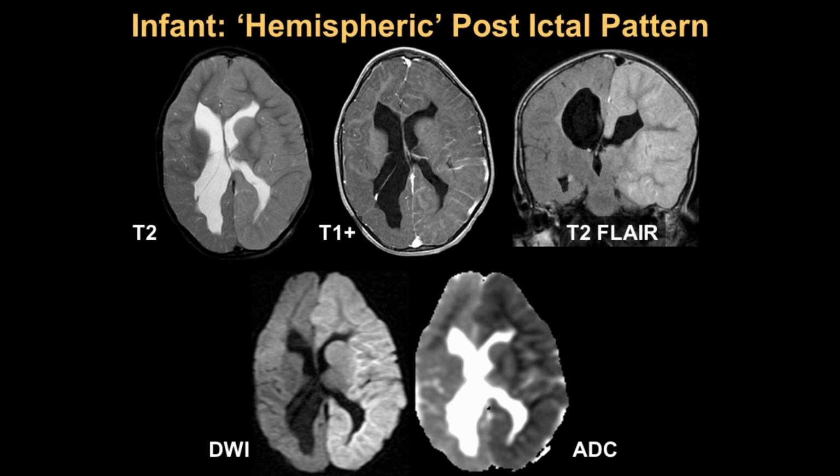Here is another child who is actually a shaken baby, and we can appreciate this postictal pattern where we have diffusion restriction out in the cortex acutely. If you looked in a day or two, it might march to subcortical. And you notice this is a non-vascular distribution. This is probably apoptotic cell death, programmed cell death, related to these prolonged seizures in this child.